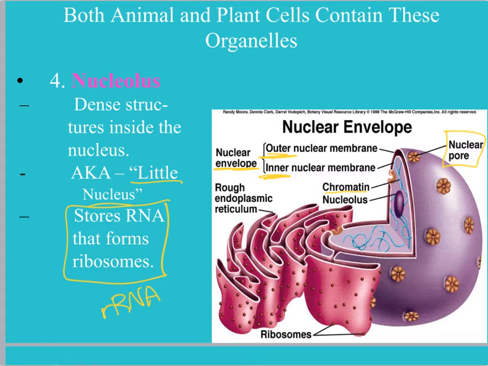It's going to leave a nuclear pore and go out to a ribosome and form a protein. Then the endoplasmic reticulum is going to transport that protein to another part of the cell. We'll be going over that in a few minutes.